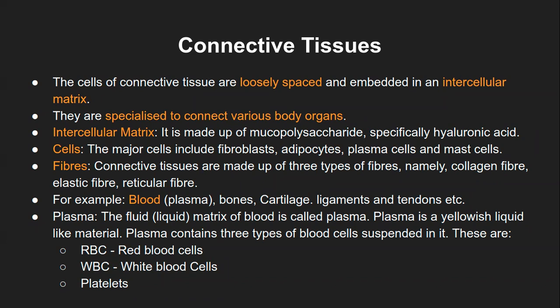So when the hyaluronic acid is present within the cellular network, it is the cementing material for various cells, holding them together. The name might sound complicated, but it is very simple in terms of its action: it is nothing but the cementing material between cells.